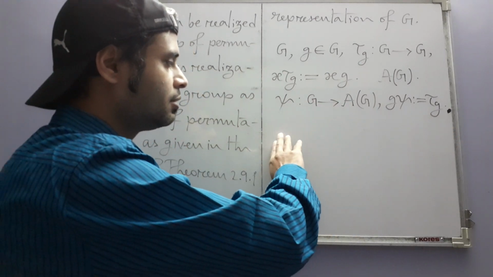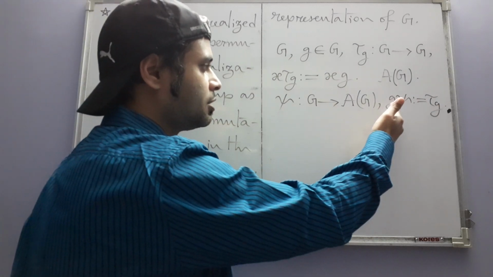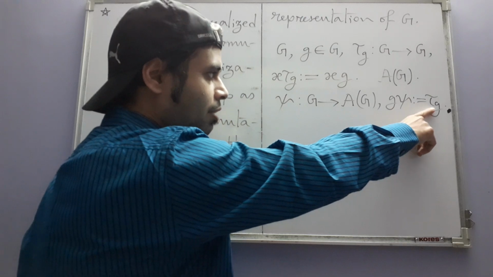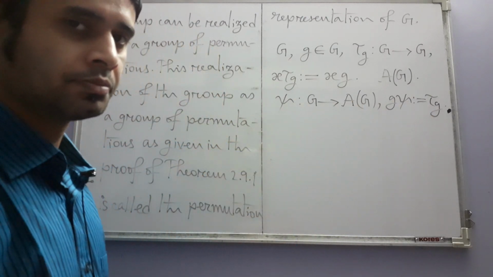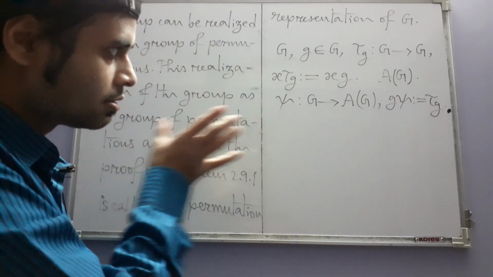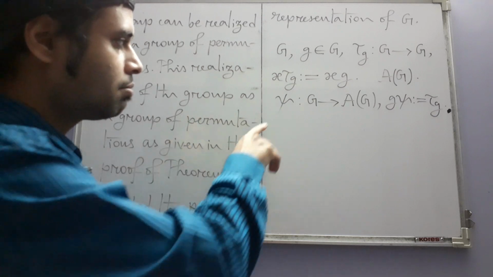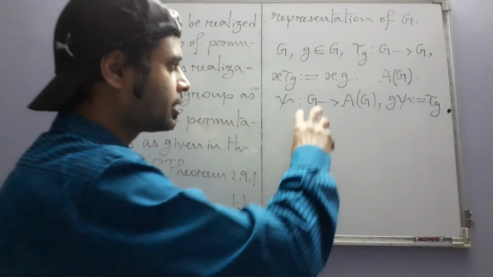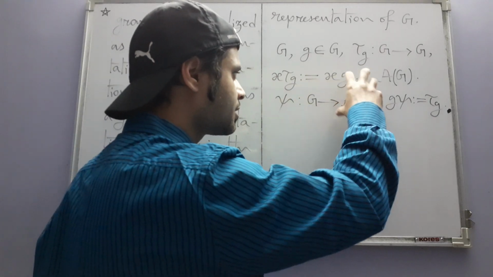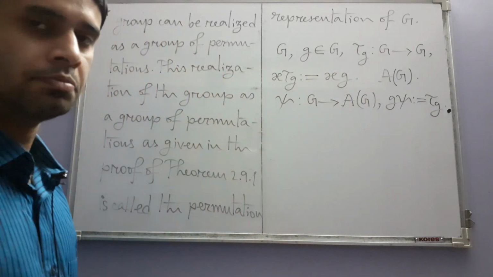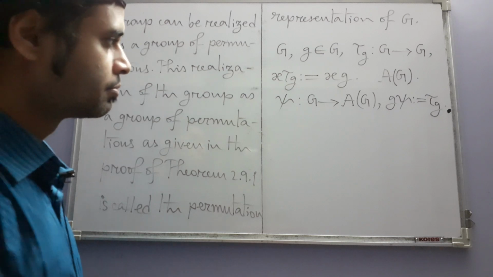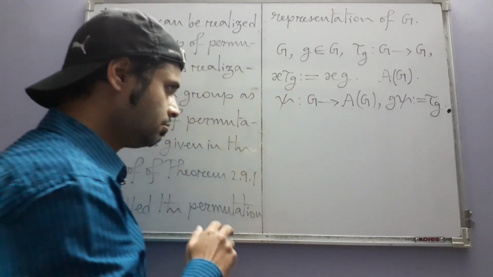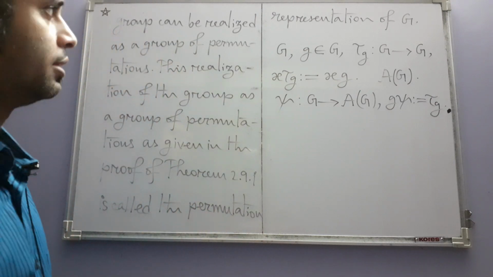So these elements g are being represented by permutations, because these are permutations of G, and this association is a permutation representation of G. That is, we are representing G inside this other group as a subgroup. Technically speaking, this psi itself is called a representation.